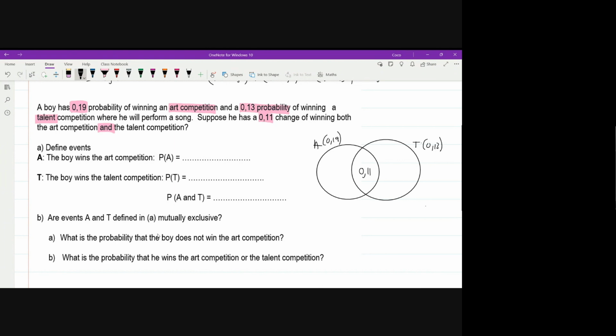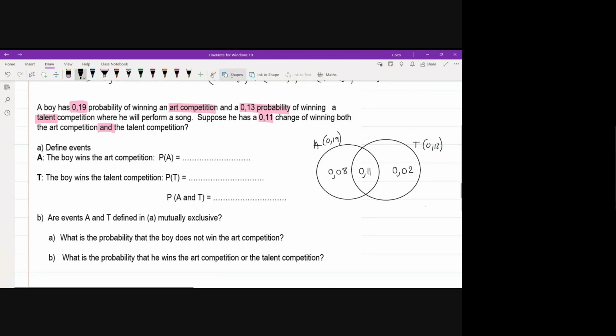That's correct. Let me just make sure I'm not lying. Yeah, 0.08. So this side will be 0.08, and on the other side would be 0.02. That's it, good.